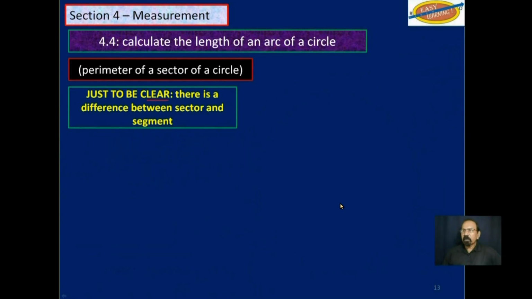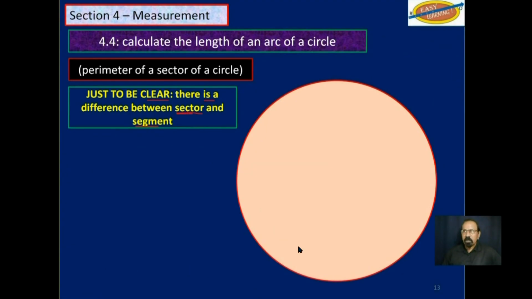Just to be clear, sometimes learners may find it difficult to differentiate between sector and segment. So let's clear that up. This is our circle or disc. We have the circumference at the edge here. The center is, of course, in the center here.